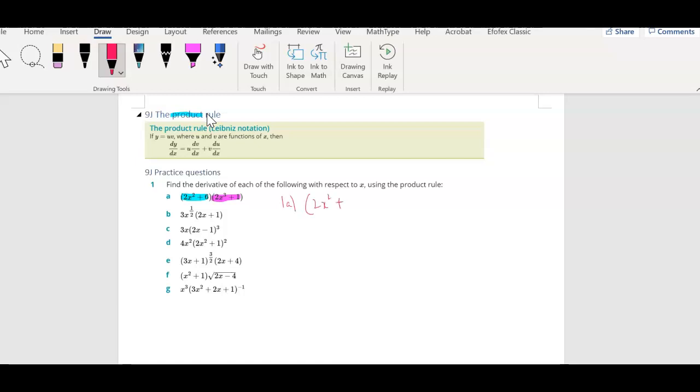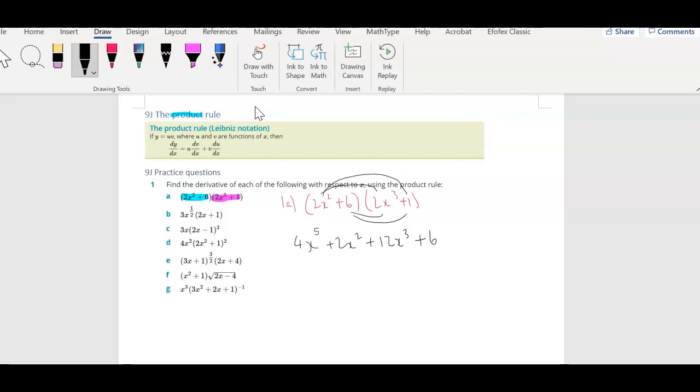So we've got 2x squared plus 6, 2x cubed plus 1. If I was going to expand that, just remember you're expanding each term. So 2x squared times 2x cubed is 4x to the power of 5, plus 2x squared, plus 12x cubed, plus 6.